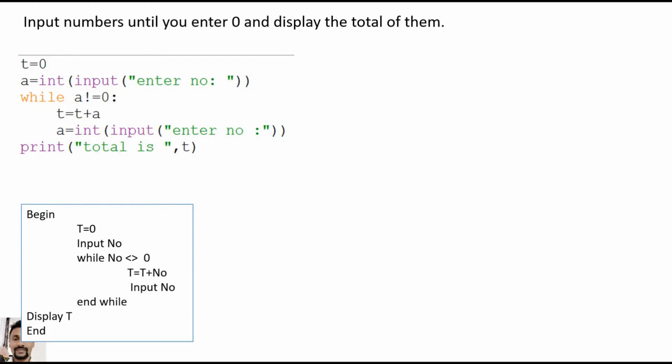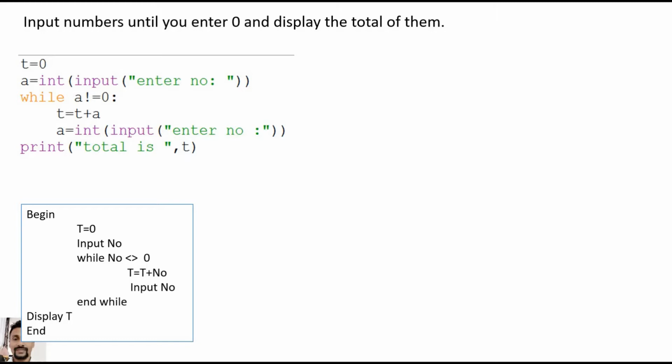Then I am printing the total is t, but I have removed the indentation because I want to find out the final total. If I indent this print part also like the input and t, then each time you are generating the total it will be displayed. But if I need to display only the final total, I have removed the indentation. Then it will print only one time.